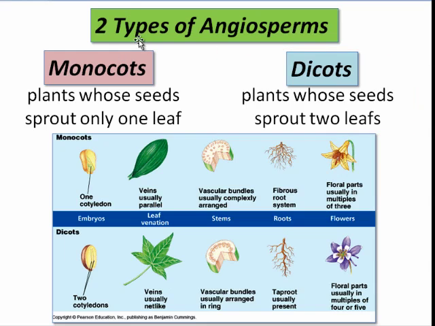So if you got a seed from an angiosperm that was a monocot and you planted it in the ground, only one little leaf would grow from that seed. Hence the name monocot. And if you got a seed from an angiosperm that was a dicot and you planted that seed in the ground, two little leaves would grow from it.